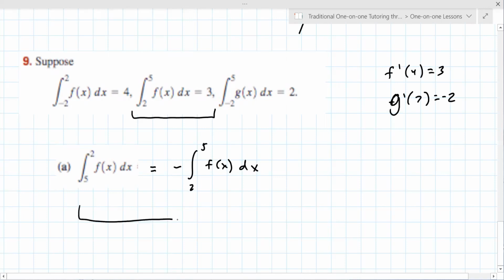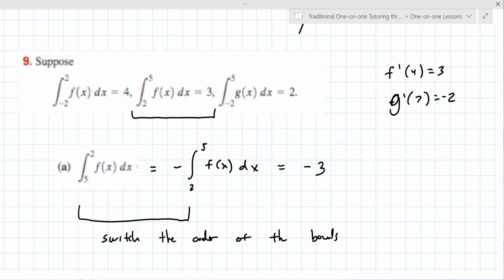So basically when you switch the order of the bounds, you put a negative in front. So if it was negative, it becomes positive. If it was positive, it becomes negative. So this equals negative of whatever this number is, which is 3. And I think that's what it's asking for there.